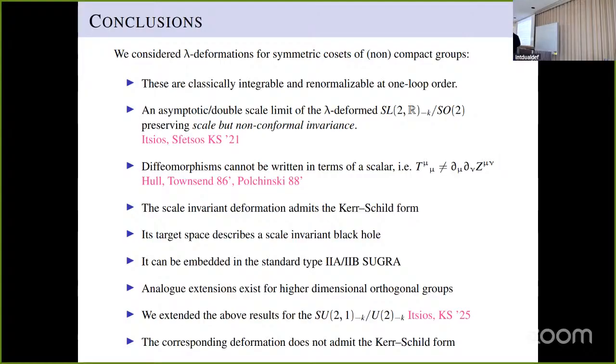So here what we did is that we start from, as we said in the two-dimensional case, the Witten black hole. And the idea is that we'd like to get some kind of asymptotic limit, and you cannot get something like that in the compact case. In the corresponding scale invariant model, this makes sense.